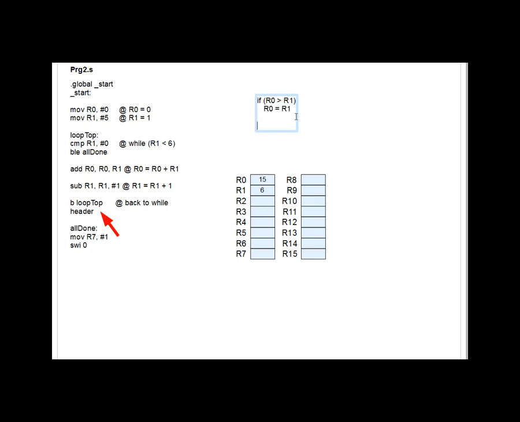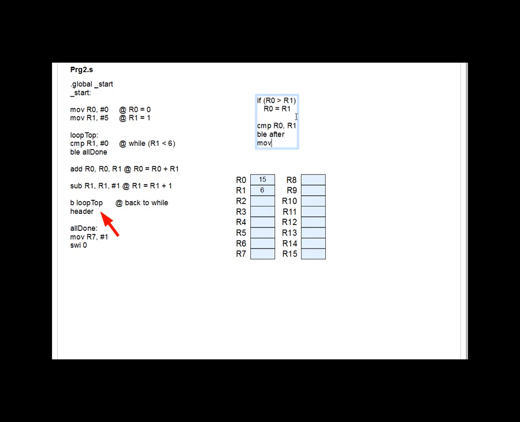So, at least one reasonable answer would be to compare R0 and R1, and then if R0 is less than or equal to R1, the false case, right, do a BLE then to a label we might call after. That'll route around the body of the if statement.